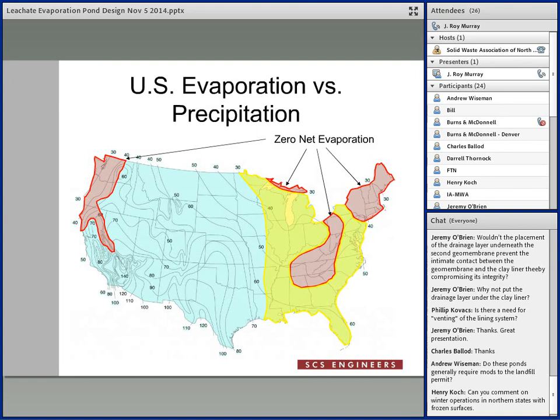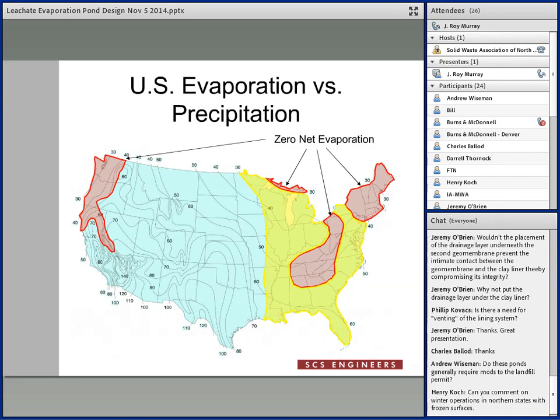Can I comment on winter operations in northern states with frozen surfaces? Unfortunately, no. I know you get evaporation off of frozen surfaces.